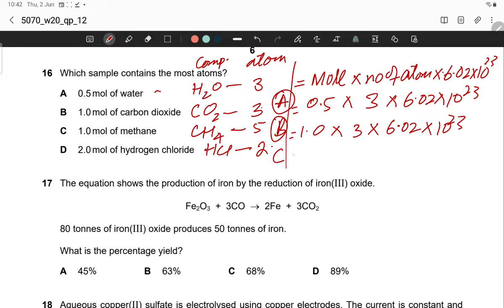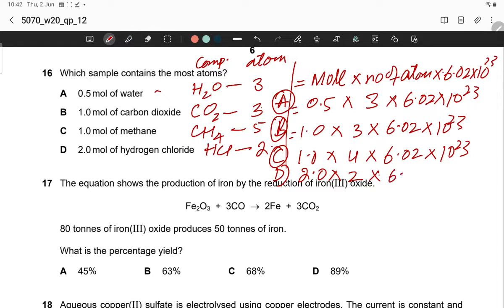C option is 1 into 4 into 6.02 into 10 raised to 23, and D option is 2 into 2 into 6.02 into 10 raised to 23.